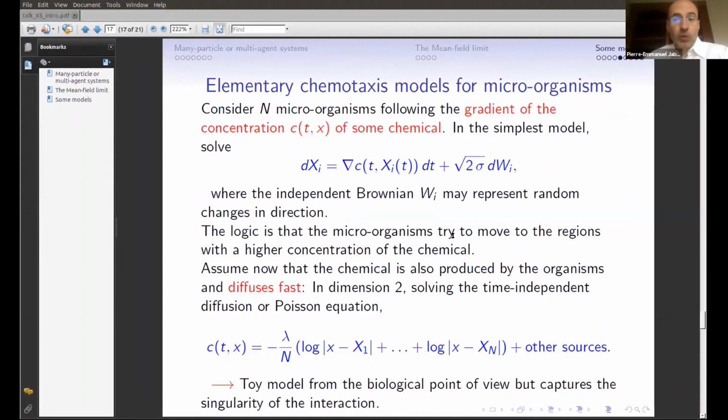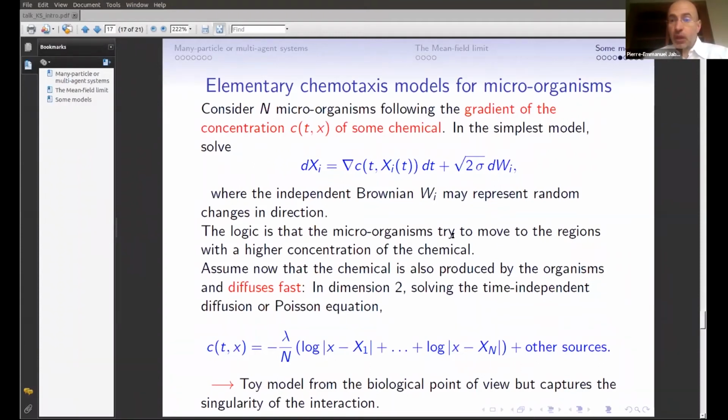The center will move in the direction of higher concentrations of C. So it will move according to the gradient of C at point xi. And then I'm adding noise, which is a very rough way of modeling run and tumble type of behaviors of microorganisms. It's not a good way by any means, but it's simple.